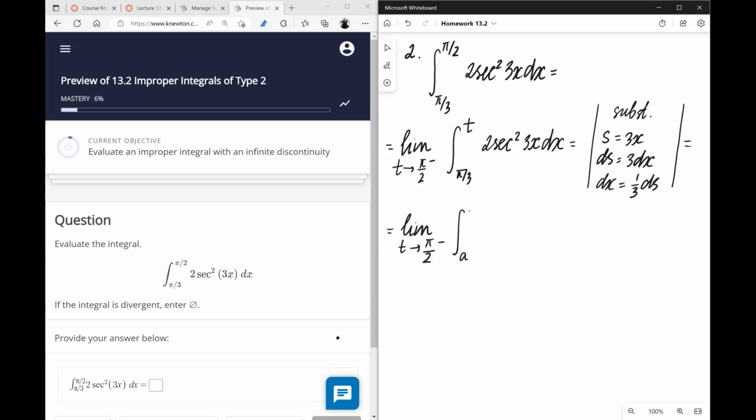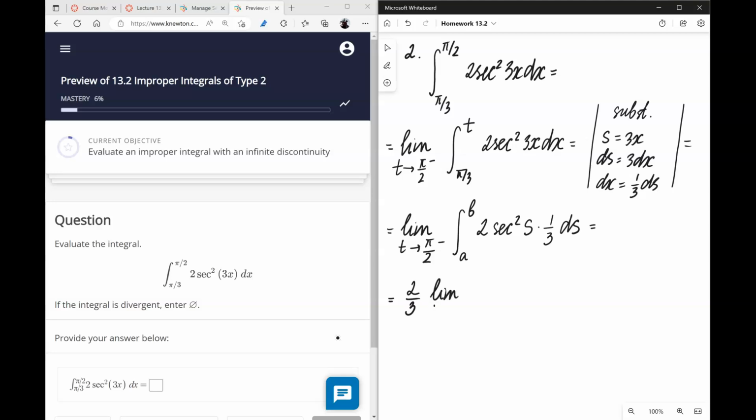We don't know the limits of integration, so from a to b we have 2 secant squared 3x, that's s, and instead of dx we're going to write 1/3 ds, and this 1/3 and this 2 don't affect the integration, so we can just write 2/3.